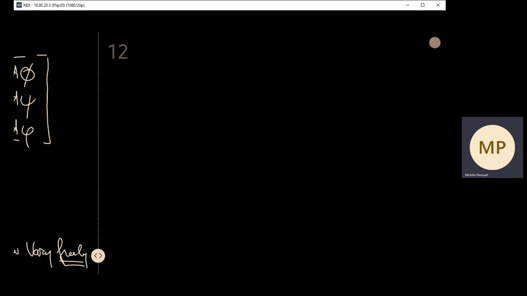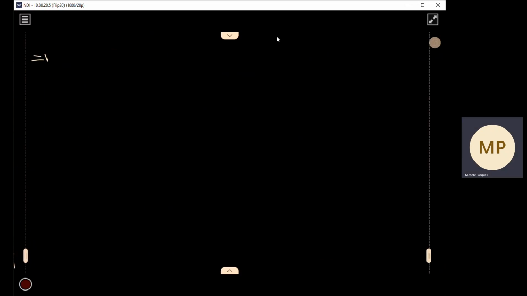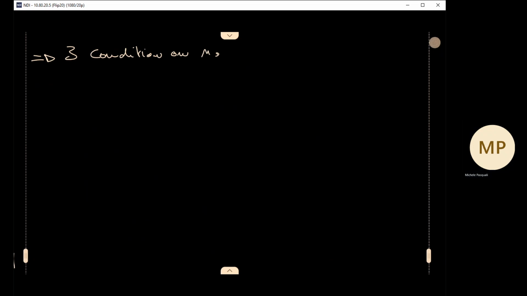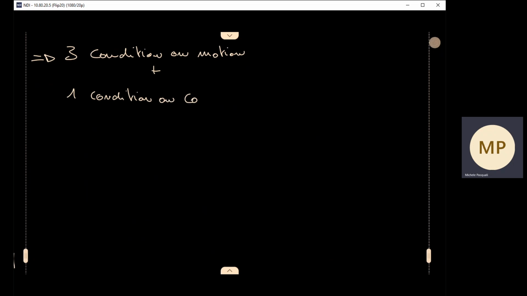And so this means we impose 3 conditions on motion, plus 1 condition on configuration.